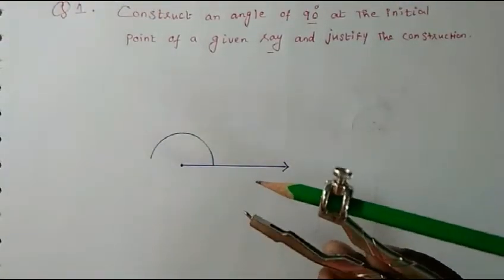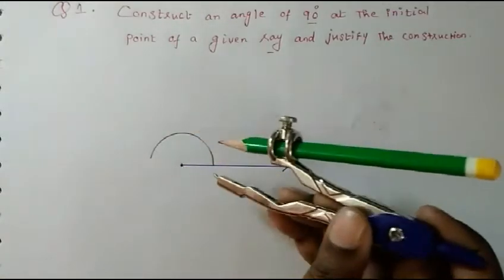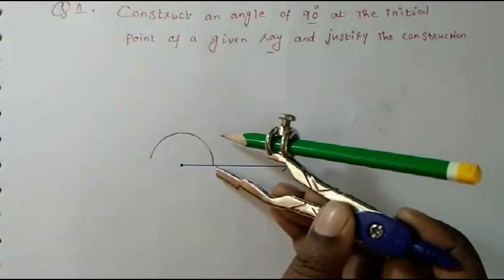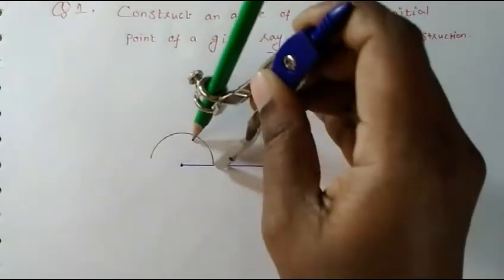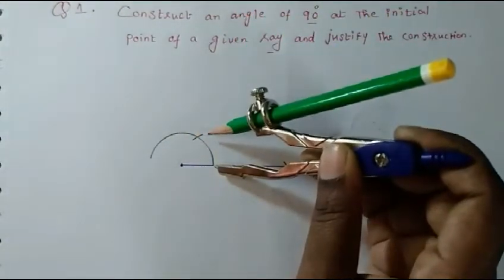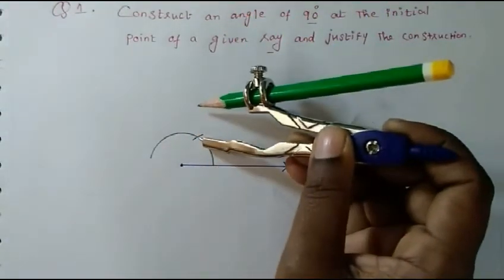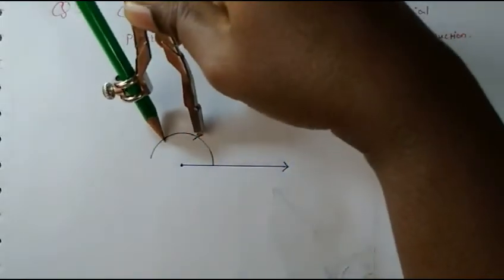After drawing this, without changing the measurement, with the same measurement, keep on the starting point of this arc and give one cut here. This becomes your 60 degree. Then keep the point on this and draw another arc here.